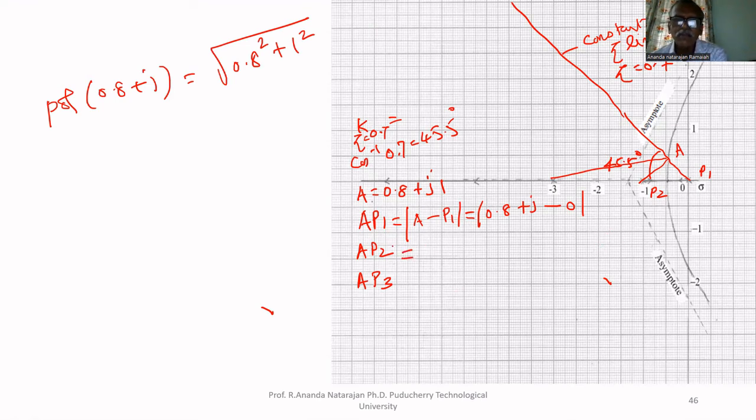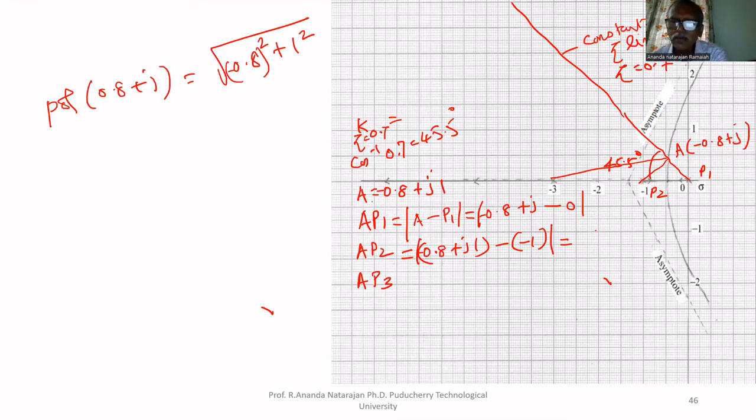AP2 equal to what? AP2 equal to modulus of minus 0.8 plus j1 minus P2. P2 is at minus 1. Therefore, the magnitude equal to 1 minus 0.8. This coordinate is minus 0.8 plus j.